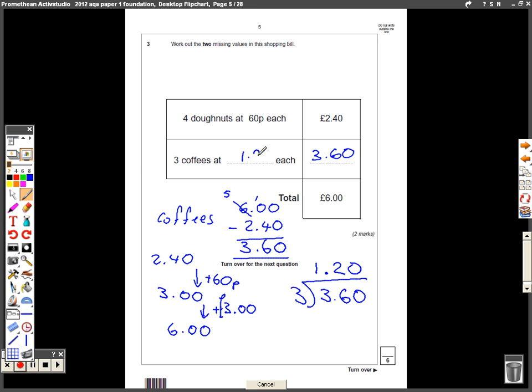So that must have been £1.20. All this is in money, so I'll make sure that I put in some pound signs. And I'll stand back, look at the answer, and make sure that it makes sense. One coffee is £1.20. That's a reasonable amount of money. On to the next question.